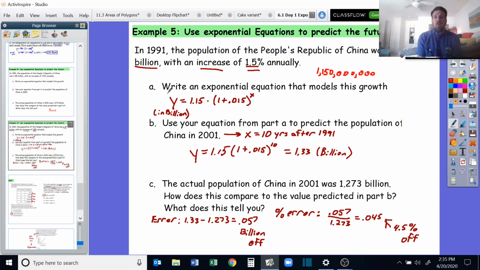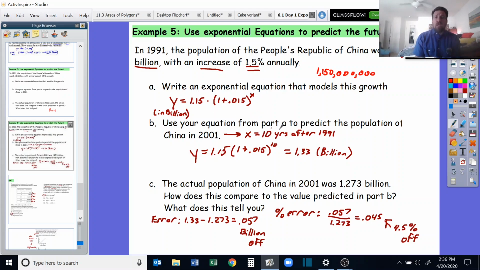I'm going to write my equation that models my population in billions. So 1.15 times 1 plus 0.015. That's this 1.5%. It is not 0.15. That would be 15%. There's our equation that models this growth.